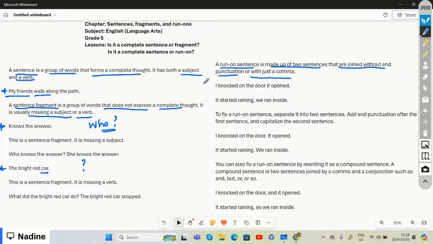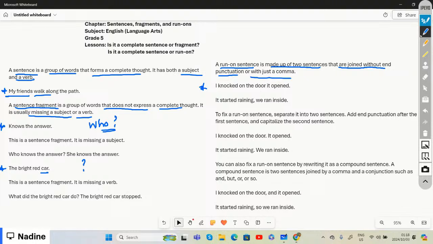So here it says, I knocked on the door, it opened. Remember, a complete sentence has a subject and a verb.